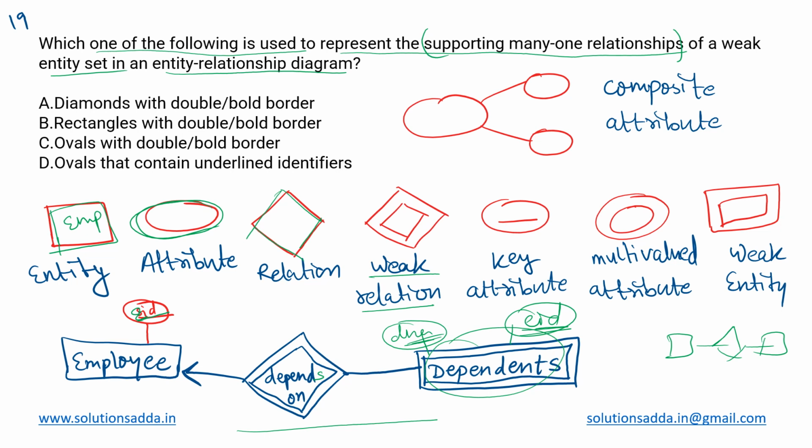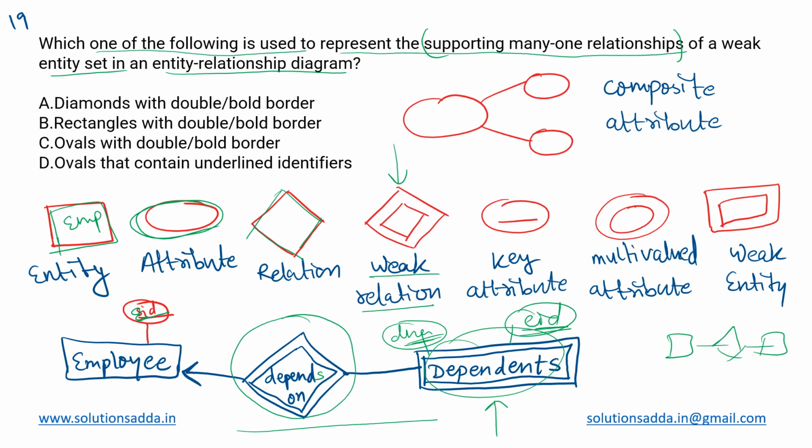So this dependent here becomes a weak entity, and the relationship which we use for representing such weak entities, the relation between a weak entity with a strong entity, this is what we call a weak relation, and it is represented using this double diamond, or you can also look at it as a bold bordered diamond symbol.